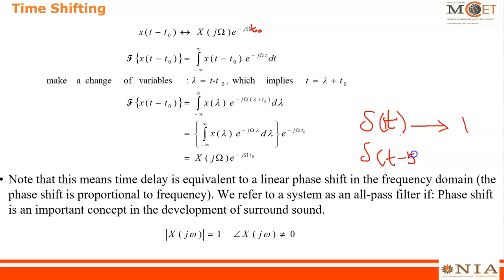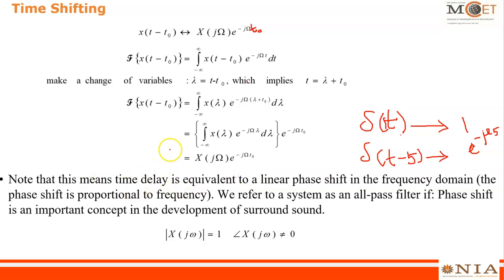You are asked to find the Fourier transform of delta of t minus 5, so previous X of j omega is equal to 1 here. Now you have to multiply 1 with e power minus j omega 5. So this is the Fourier transform of delta of t minus 5.